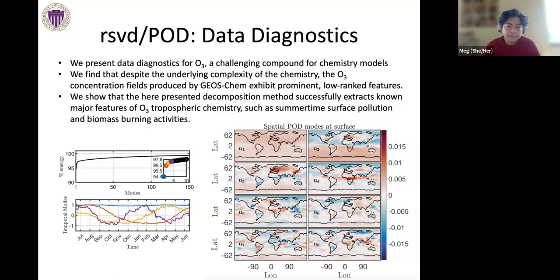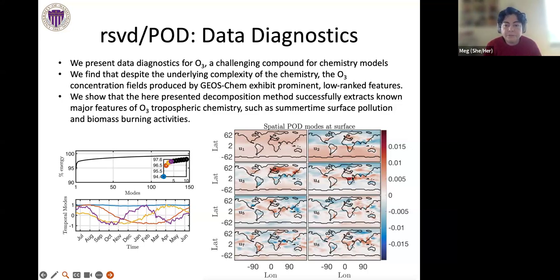Mode 3 is an additional forcing to mode 2 because its seasonal variability is approximately the same, and it shows dominant features over the polluted regions of Eastern China, Europe, and America.